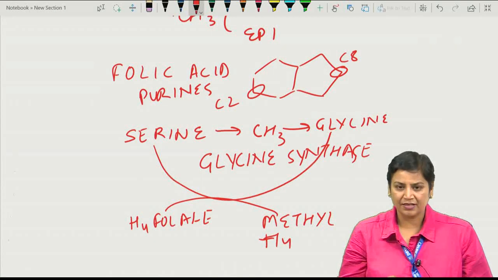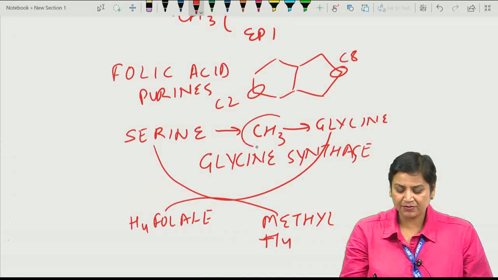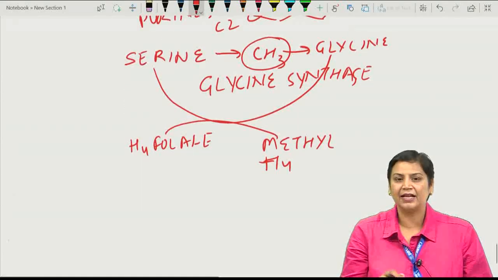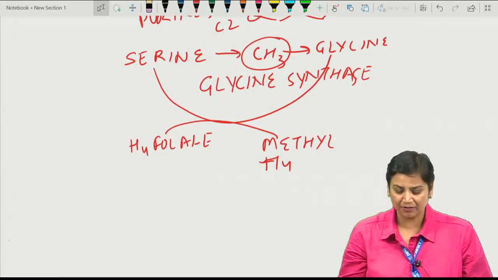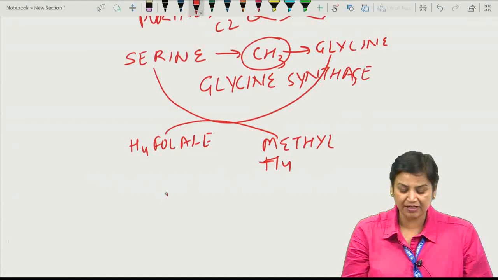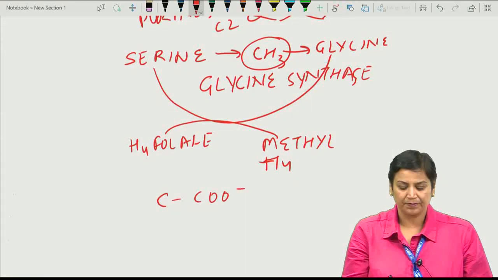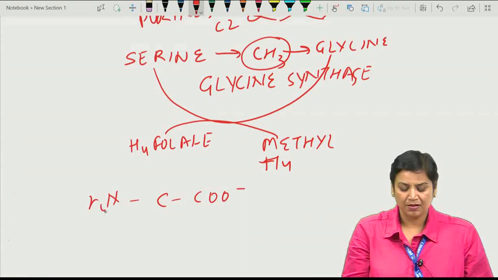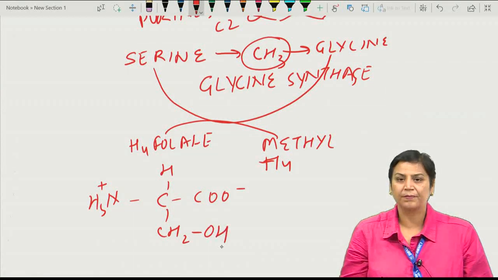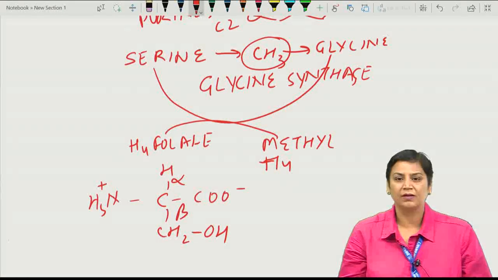Now the question arises whether this methyl group is present as an alpha carbon atom or a beta carbon atom. If we see the structure of serine, this is the basic structure of the amino acid, H, CH2, OH. This is the alpha carbon atom, this is the beta carbon atom.